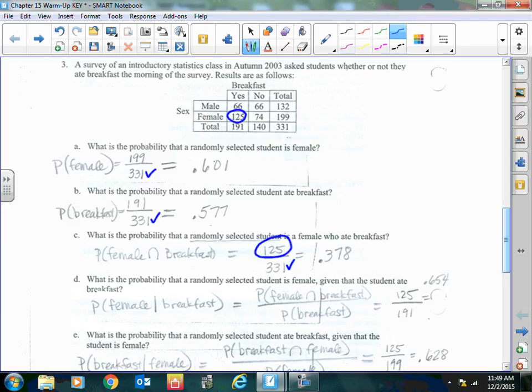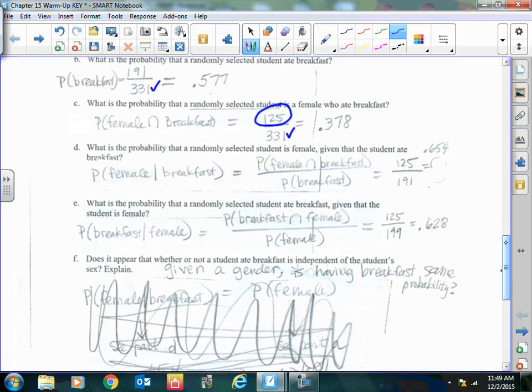Okay? Now, D and E's wording were actually pretty simple and straightforward because they both said straight out, given that the student ate breakfast, or given that the student is female.